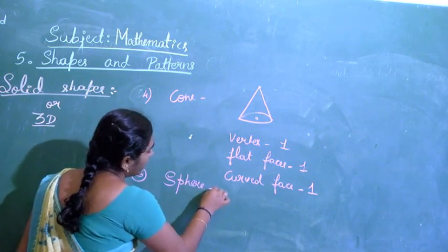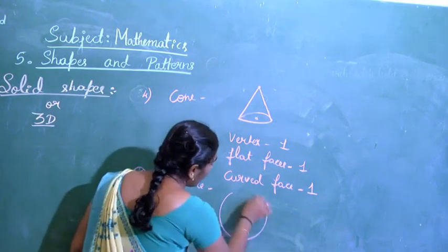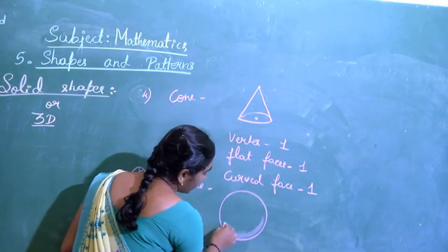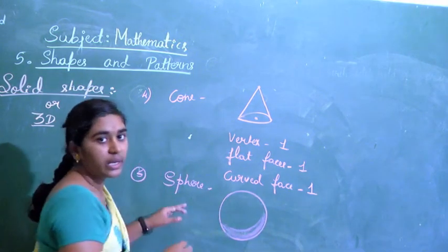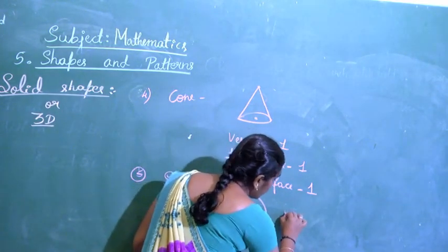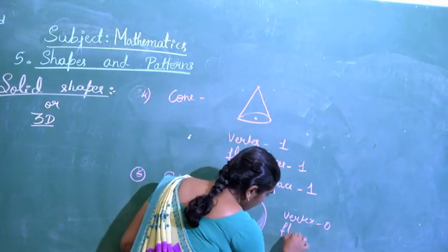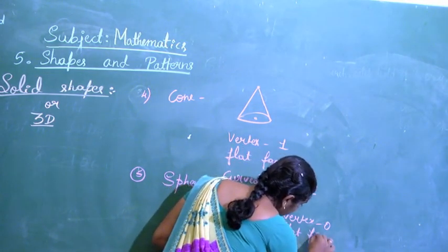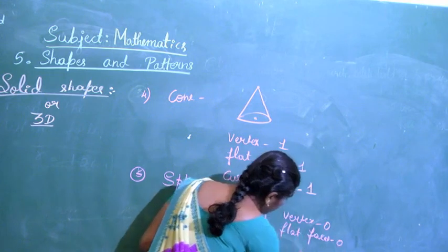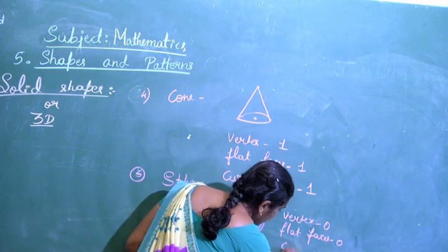So for the sphere, all the things will be 0. Only one curved face you can write. Whatever question we raised for the sphere, all these things will be 0. So vertices is 0, flat faces is 0, and corners or sides also no sides.